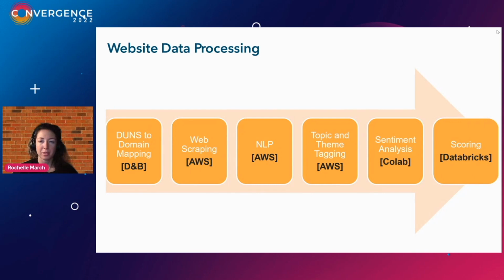When they signed up for the DUNS, they entered this information or entered it at a later date. So that mapping doesn't necessarily have to take too long. It can be simply a confirmation. And then the rest of these steps are very similar. The scraping we do on AWS as well, and then the NLP, the tagging, the sentiment analysis, and the analytical scoring happening on the same platforms.